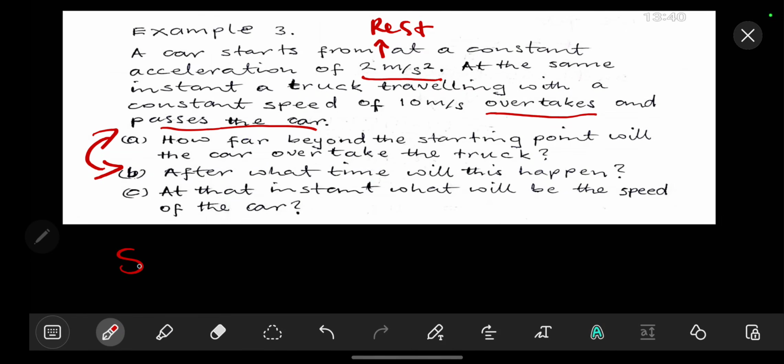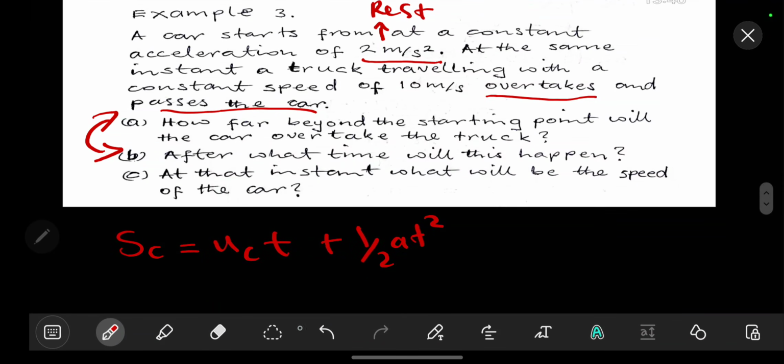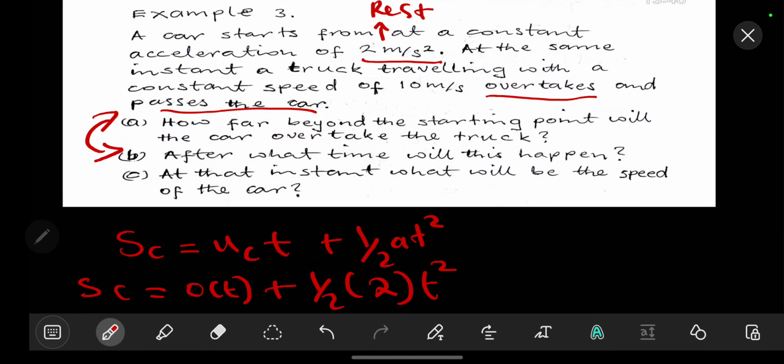So let's begin with our S of the car should be equal to U of the car times t plus half a t squared, like that. So the car starts at rest, meaning it's starting at 0 in terms of velocity, times our t, plus our half. Our acceleration is equal to 2 according to what we have been given. Then we have our time squared like that.